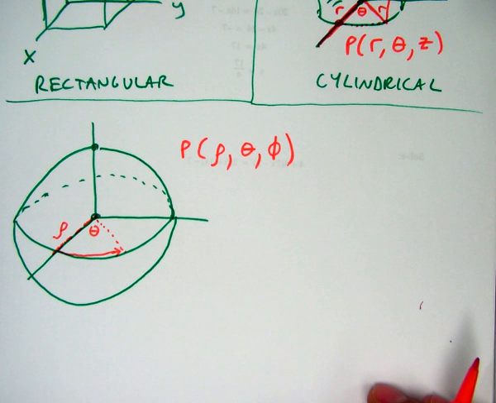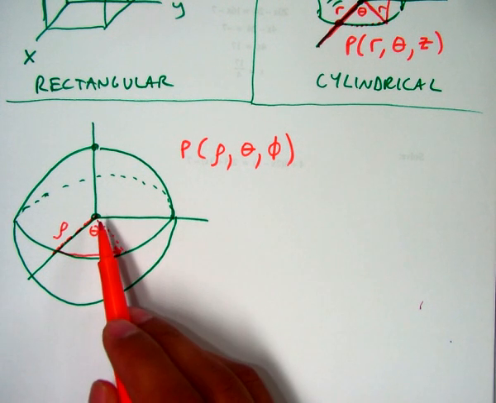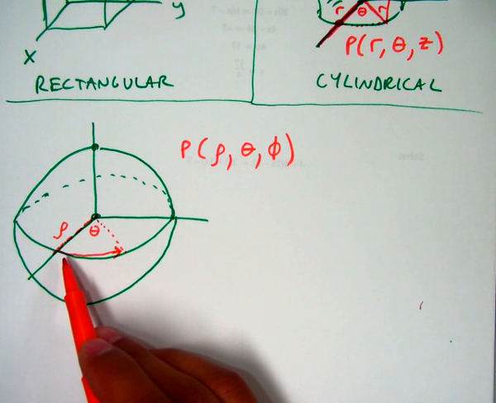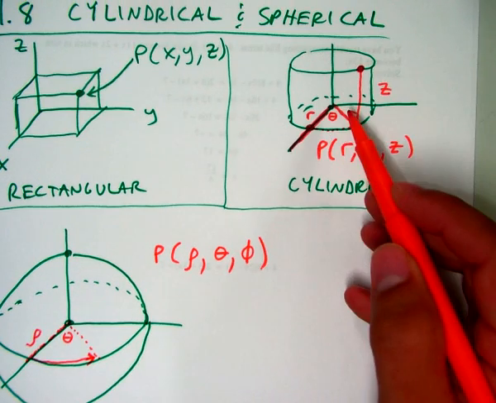It's like a little pea with a little tail. Okay, so is everybody clear on what I've done so far? I've started from the origin. I've gone out a radius. We're calling it rho now. I've rotated the same theta that I did before in cylindrical.